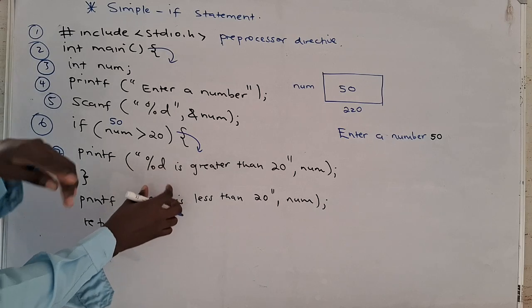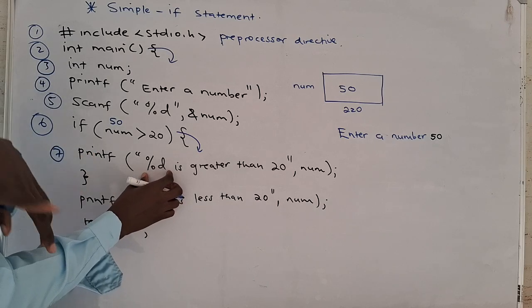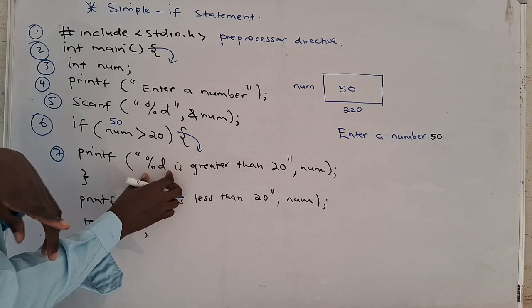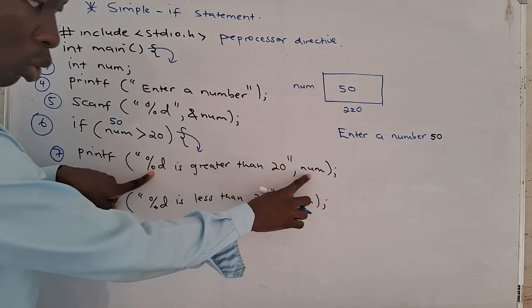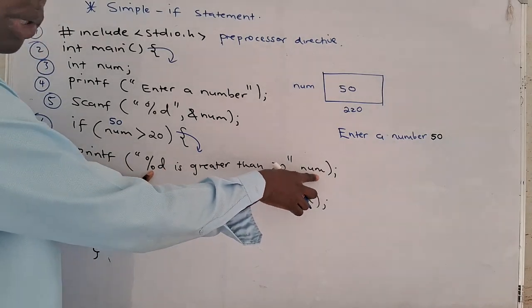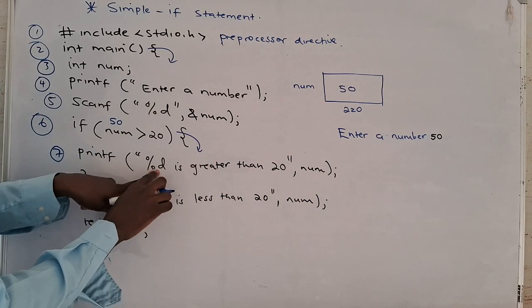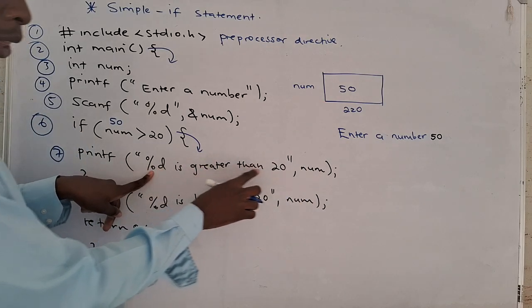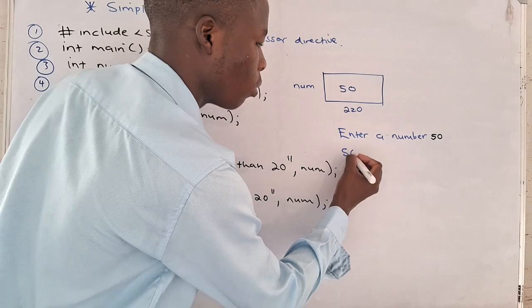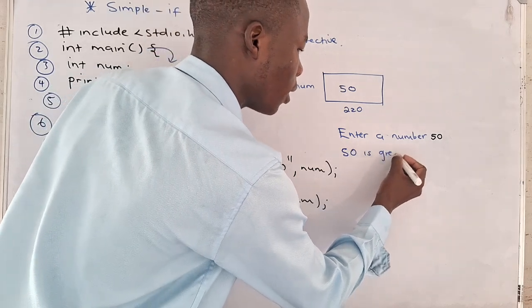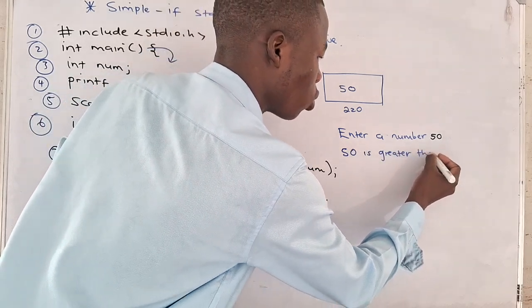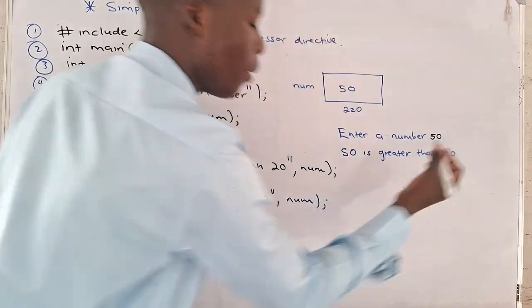It is used if you want to print an integer. This integer is stored in the variable num, so 50 will come here. 50 is greater than 20 is going to be printed.